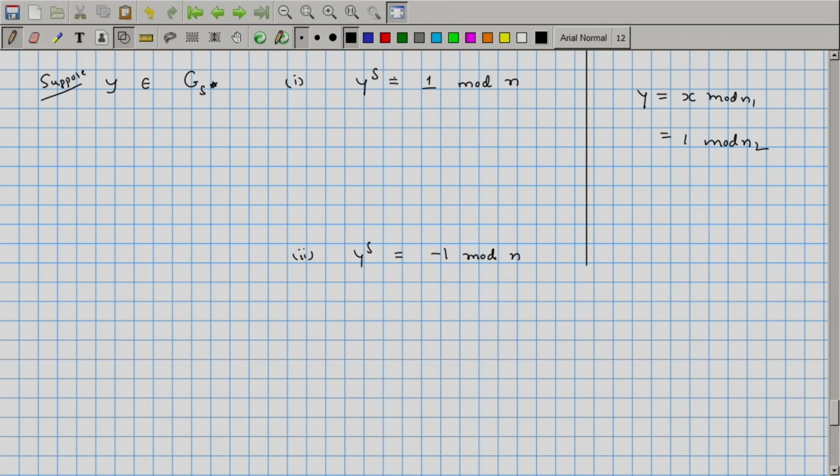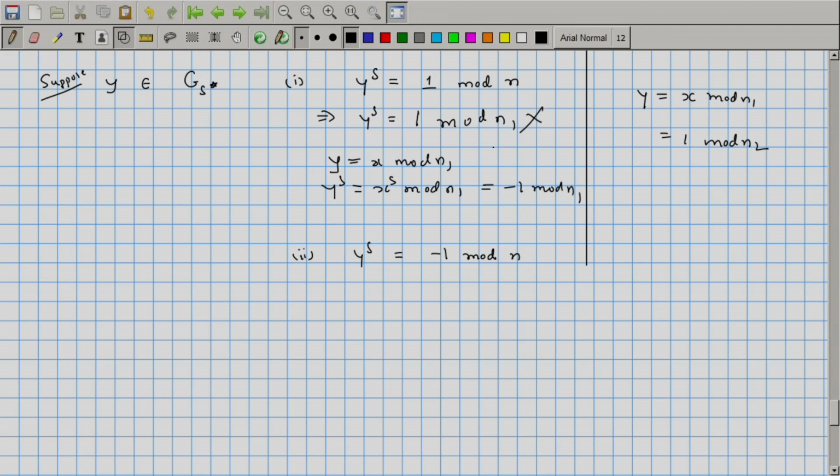If y raised to s was 1 mod n, this would imply that y raised to s is equal to 1 mod n1 as well. Okay. But since y is equal to x mod n1, we have y raised to s is equal to x raised to s mod n1, but x raised to s was minus 1. So, this is minus 1 mod n1, that contradicts with this.